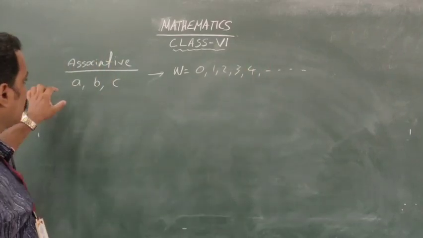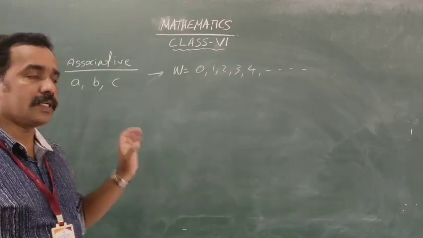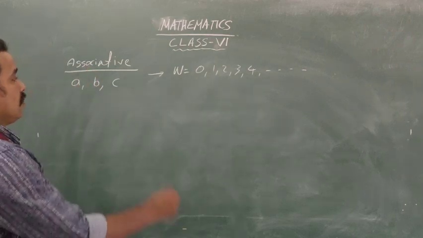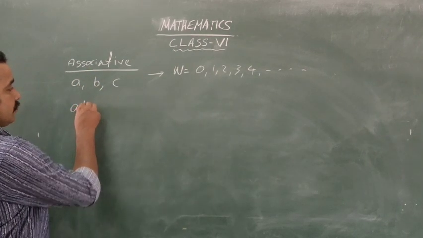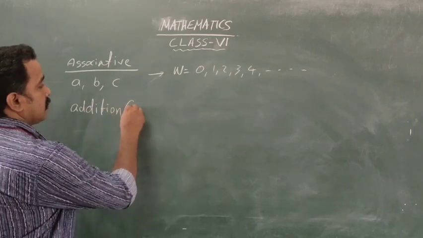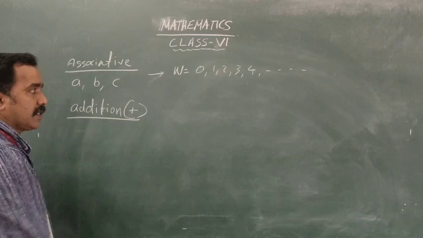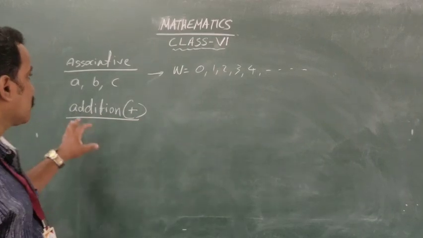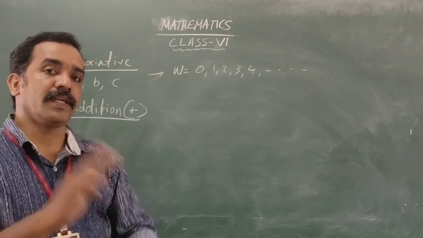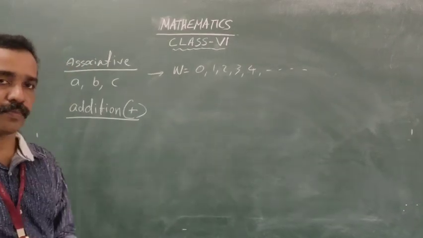If you consider any three whole numbers A, B and C, according to the associative property with respect to addition, addition means plus, finding the sum, whenever we are finding the sum of any three whole numbers, you can group them in any way. That is what the associative property is.